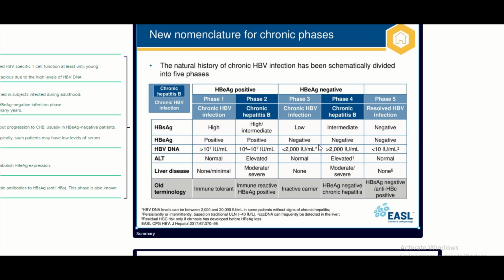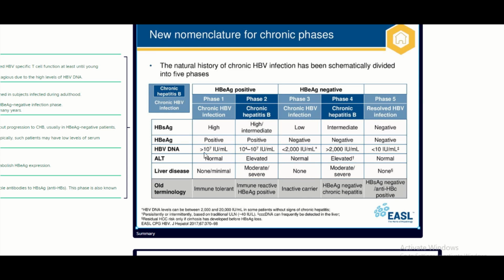In all the phases, we will have HBe antigen if we have positive. In the others that are negative, we will have both as negative. In HBe antigen positive phases, the HBs antigen is usually high in both because here in the chronic HBV infection, the virus is continuing to replicate as we saw.